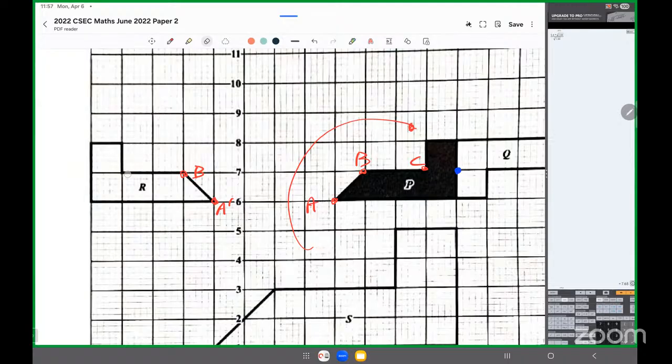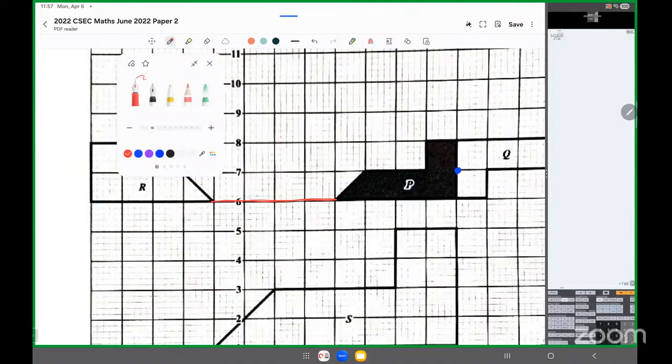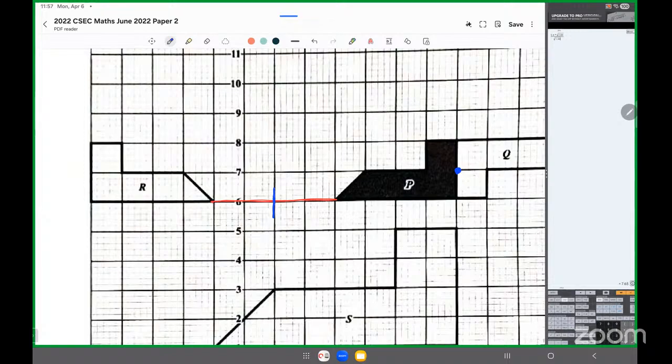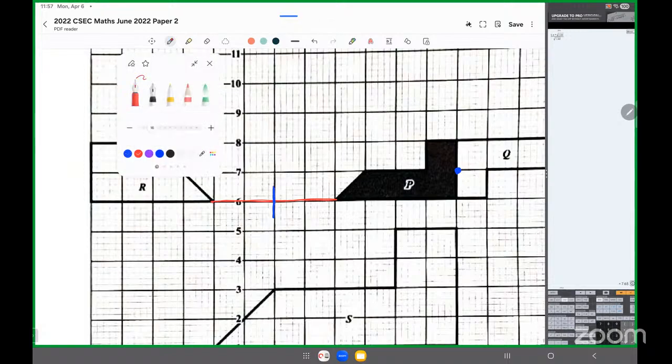The mirror line is going to be halfway between the corresponding points. So the mirror line is going to be halfway between these two points. It will be right here. And halfway between these two other corresponding points up here. You can choose two other ones.